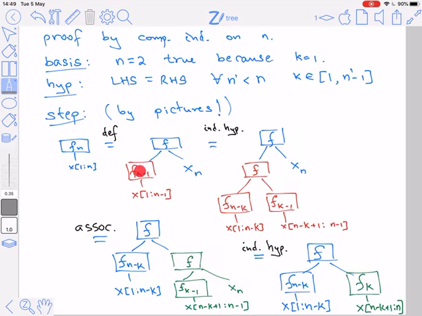Because fn minus 1, the subscript here, n minus 1, is less than n, I can apply the induction hypothesis to this subtree. And this induction hypothesis tells me that I can partition the n minus 1 bits of input to fn minus 1 as I wish.